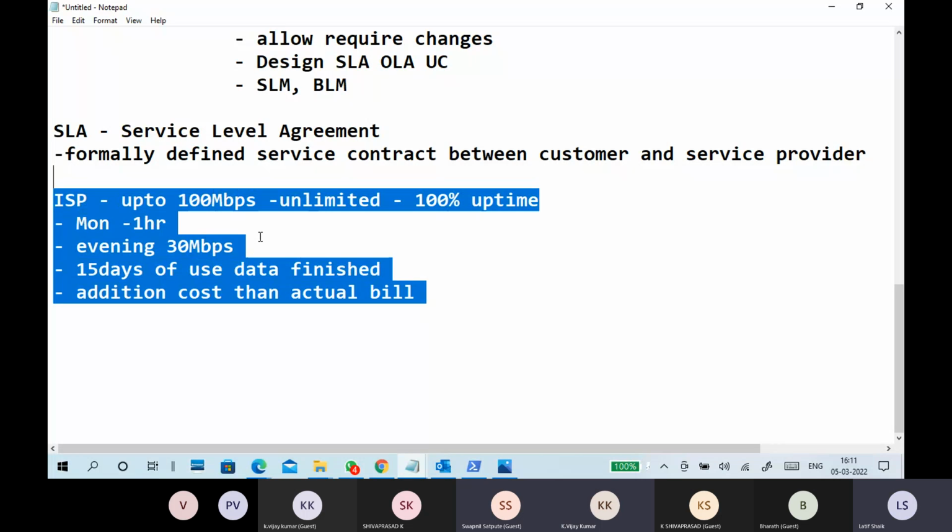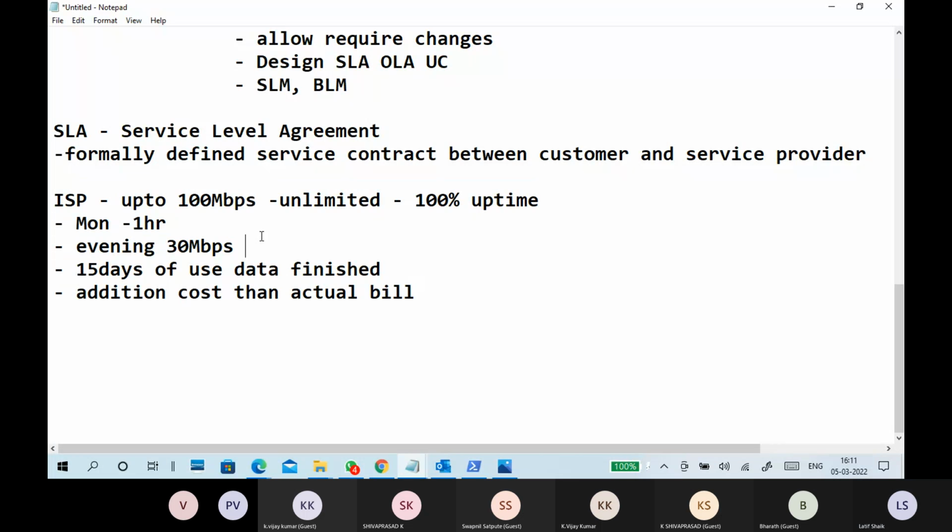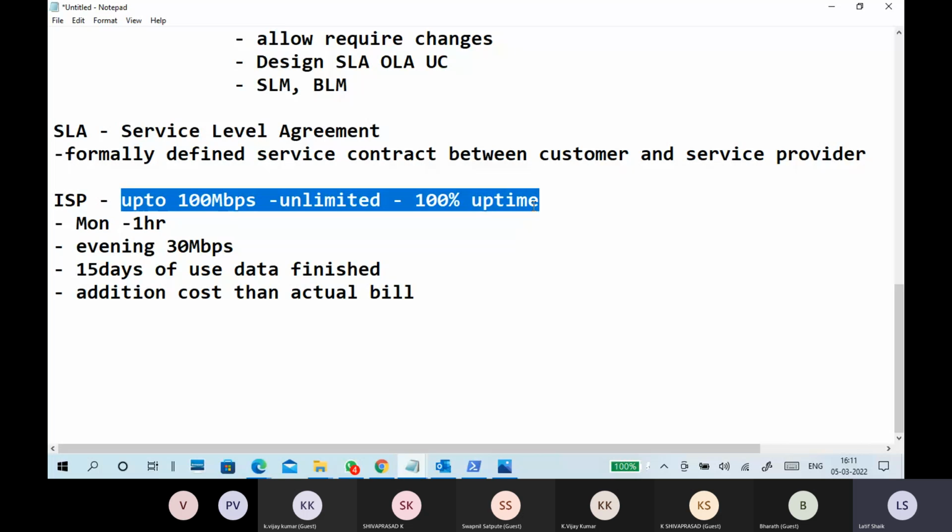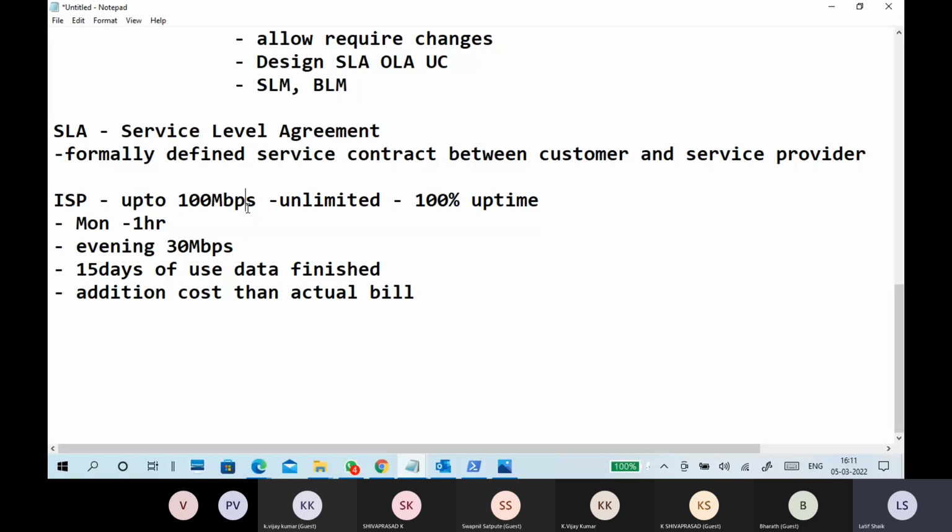Yes, sir. Okay, very good. So what is the meaning of this? Every time my SLA is violated. The company, the service provider, promises me they are providing this kind of service: 100% uptime, unlimited data, 100 Mbps connection. But I'm not getting that type of service.